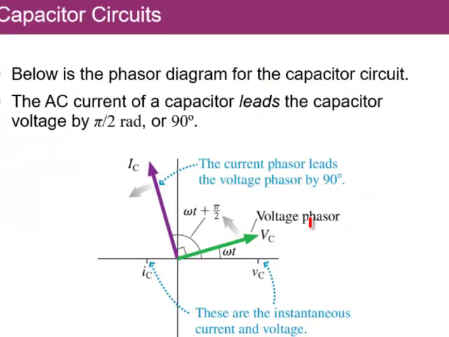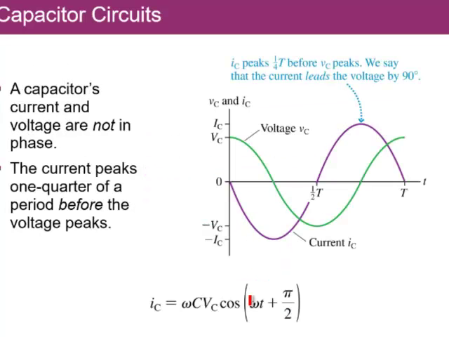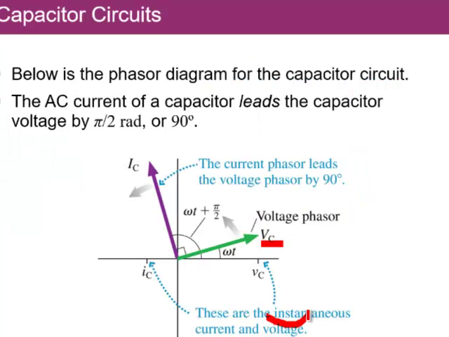And when we get to the phasor representation, here's the phasor for the voltage at any given time. So this is it, and we have the omega t right here. But the current, if you remember from the previous slide, has an extra pi over 2 in its equation. So when we add this here, we will have to increase the angle with respect to omega t.